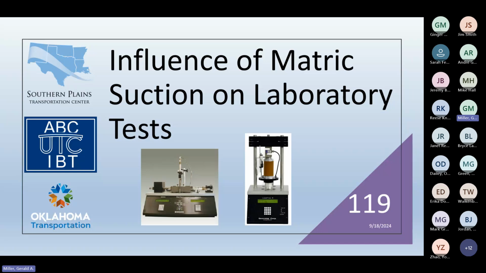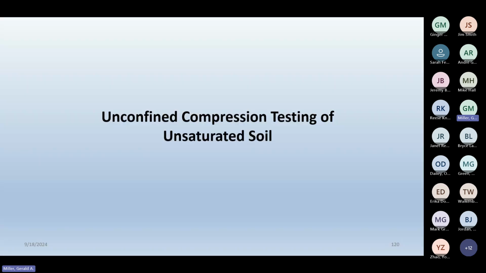But in a lot of our practices, we rely on unconfined compression tests. Now, the unconfined compression test, even for saturated soils, is not the greatest test for estimating undrained strength. And for unsaturated soils, it could have even more shortfalls. So we're going to talk a little bit about that.